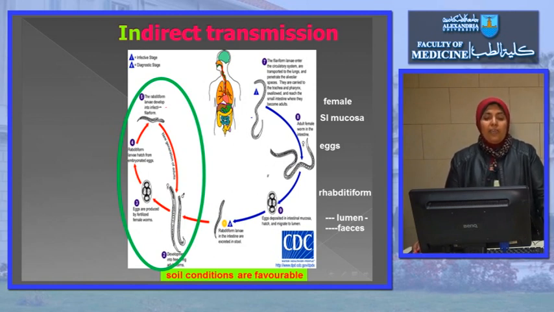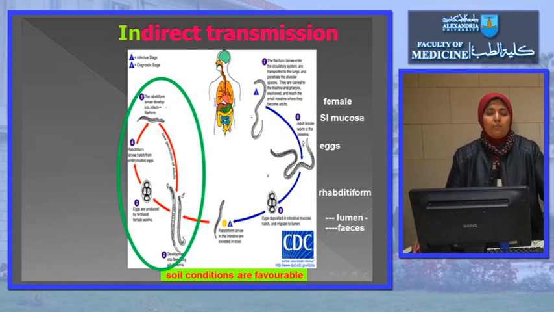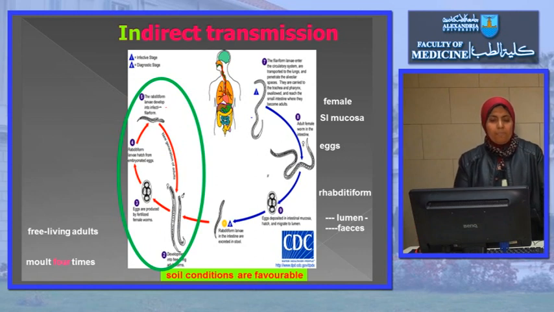Free living adult again will produce eggs. Eggs will hatch to form the rhabditiform larvae, and the rhabditiform larvae will turn into the adults again by 4 molts. This will continue for a long time, as long as the conditions are favorable.